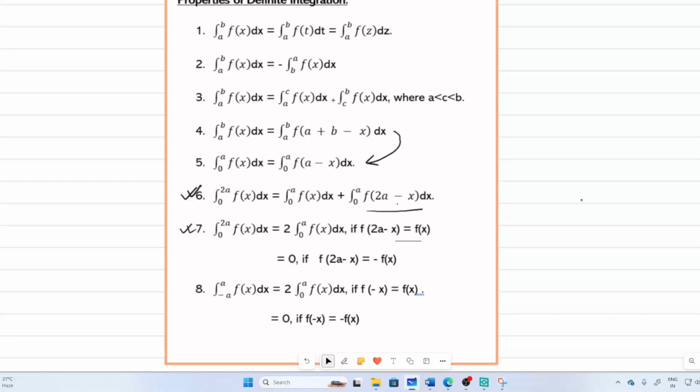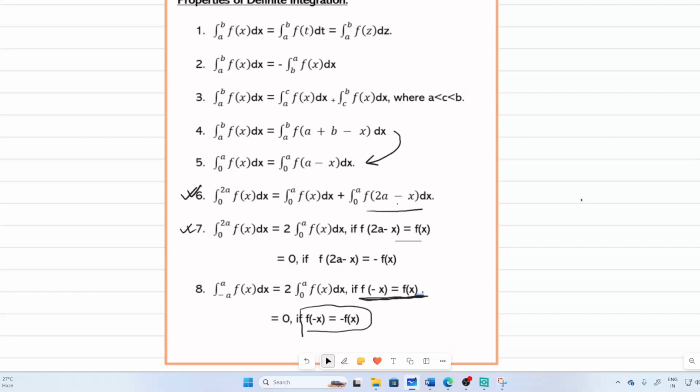And the 8th one: integral minus a to a f(x) dx. If f(x) is an even function, where f of minus x equal to f(x), then it will be 2 into the integral 0 to a f(x) dx. But in the case of an odd function, f of minus x equal to minus f(x), the value of the integral will be equal to 0.